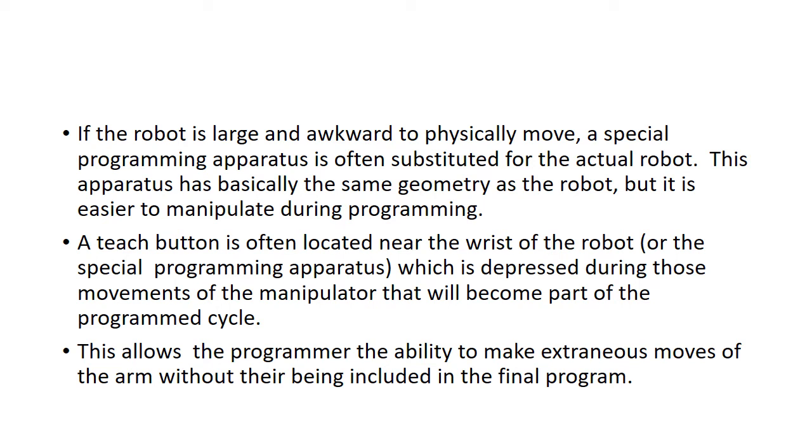A teach button is often located near the wrist of the robot or the special programming apparatus, which is depressed during those movements of the manipulator that will become part of the programmed cycle. This allows the programmer the ability to make extraneous moves of the arm without their being included in the final program.